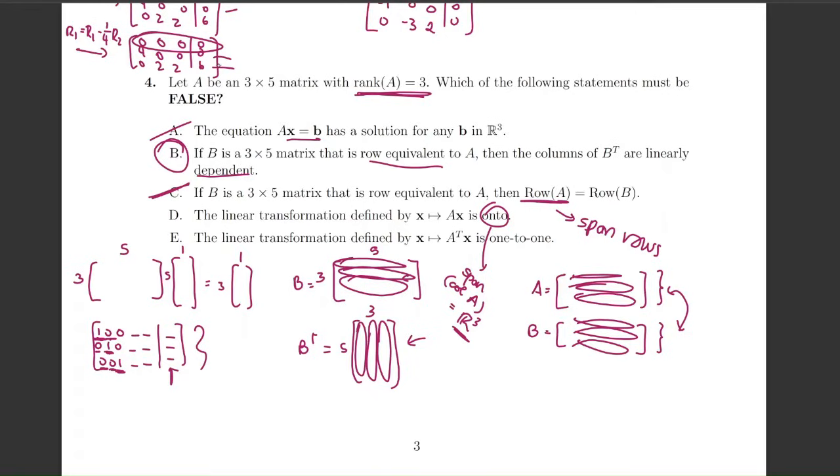So is this true? So we look at A, right? We know that A has these 3 pivot entries. And so we see that we already have 3 vectors.